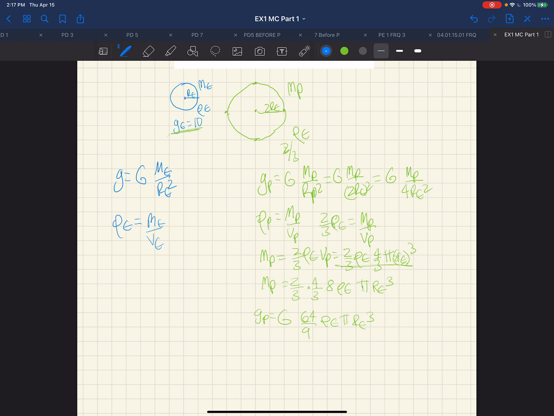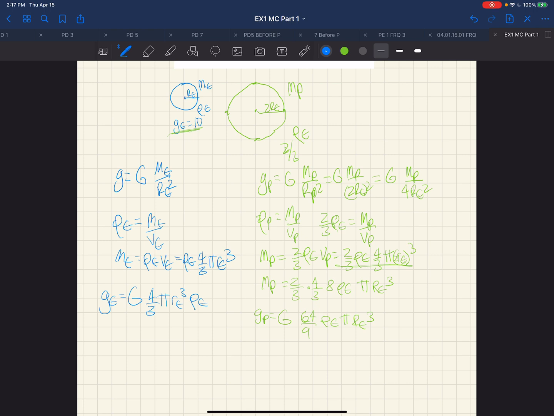And therefore, the mass of the Earth is equal to the rho of the Earth times the volume of the Earth, which is rho of the Earth times 4/3 pi RE cubed. That gives us a g of the Earth equal to big G times the mass of the Earth, which is 4/3 pi RE cubed rho E.